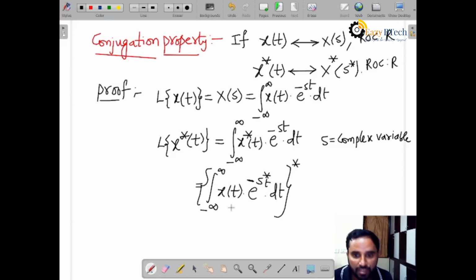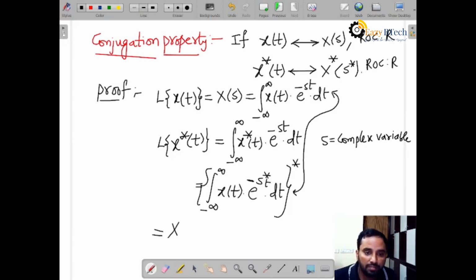And if you observe this integral, it is like our Laplace transform formula, right or not? Just observe clearly. So what can we write now? Here s is there, that is why X of s. But here we have s star, that is why X of s star and the whole star is there. So I am writing here whole star. This is the simple proof.